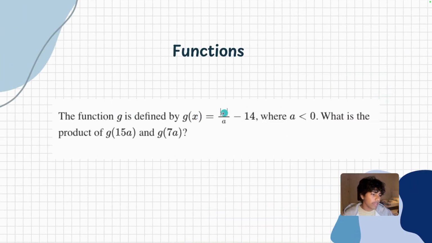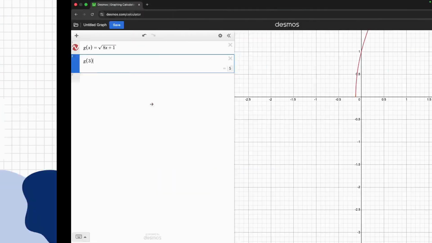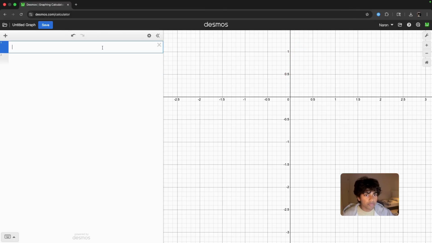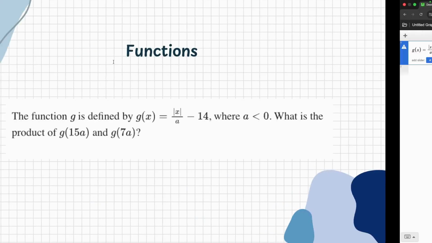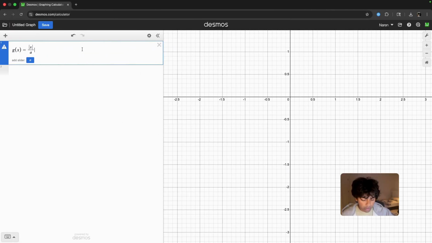g is defined by g of x equals the absolute value of x divided by a, minus 14, where a is less than 0. What is the product of g of 15a and g of 7a? So we'll come here. g of x equals absolute value bars of x divided by a, and it's minus 14.